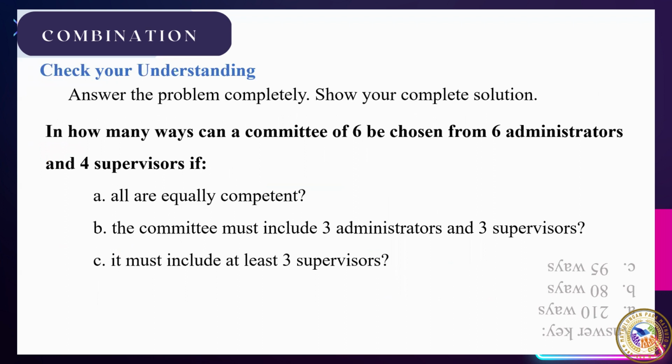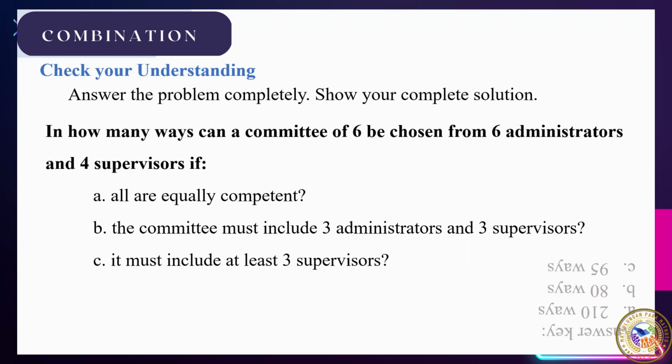Okay, let us check your understanding. Answer the problem completely. Show your complete solution. In how many ways can a committee of 6 be chosen from 6 administrators and 4 supervisors if all are equally competent? B. The committee must include 3 administrators and 3 supervisors.